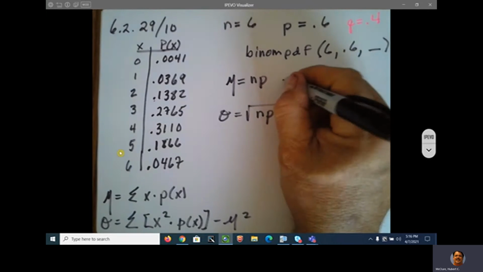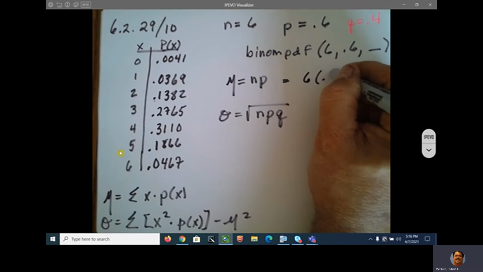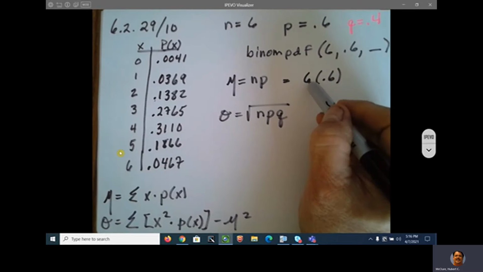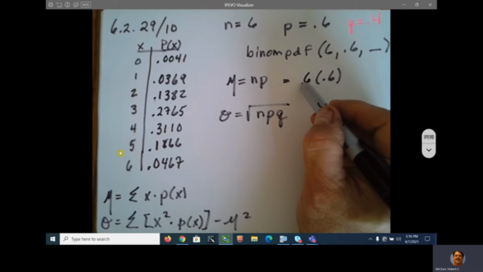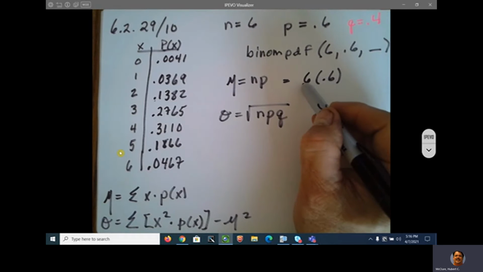So the mean is equal to 6 times 0.6. Well, 10% of 6 is 0.6, so 60% would be 0.6 times 6, which is 3.6.